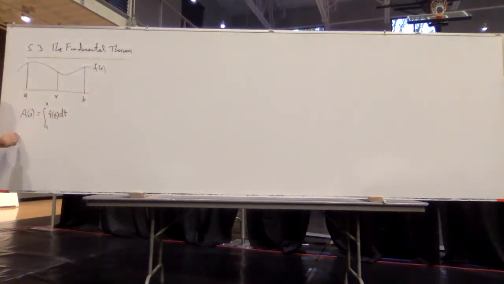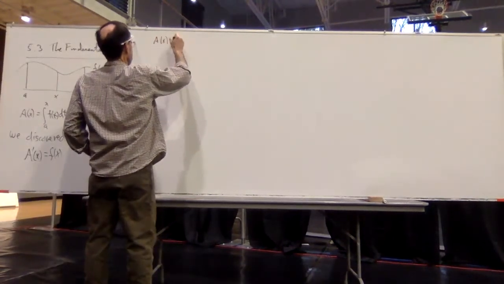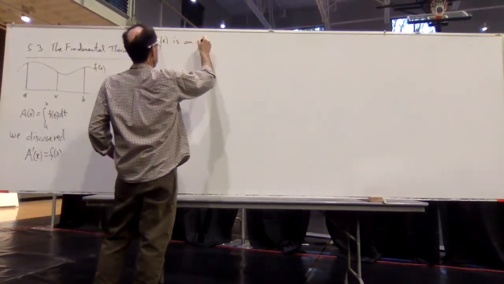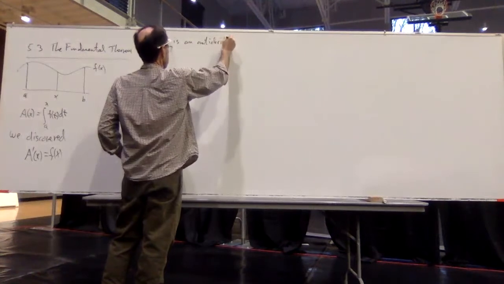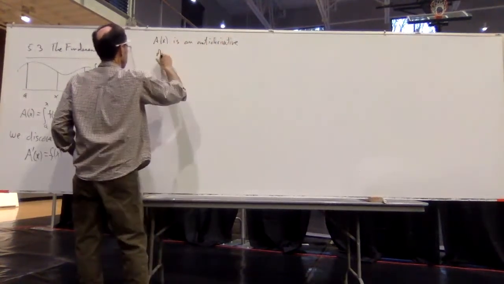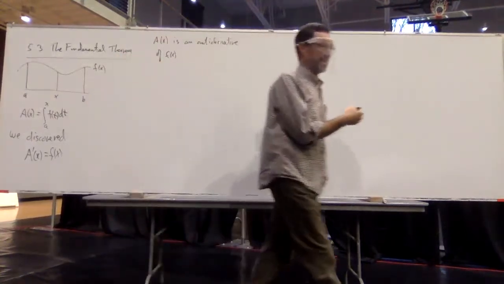And we discovered right at the end of class on Monday that A prime of x is little f. Or another way of saying that is big A is an antiderivative of little f.